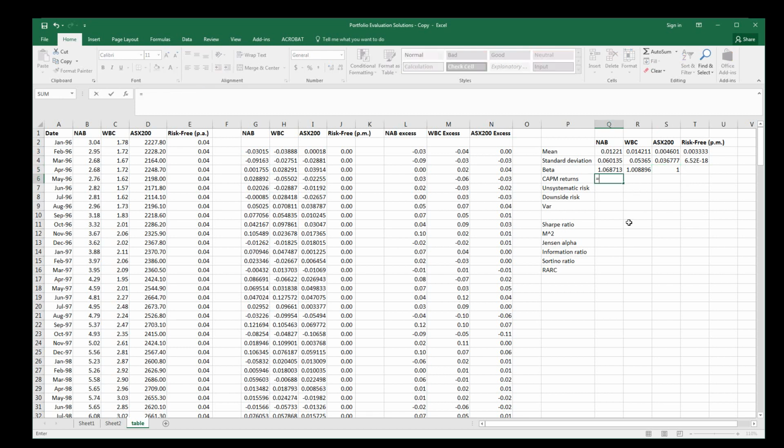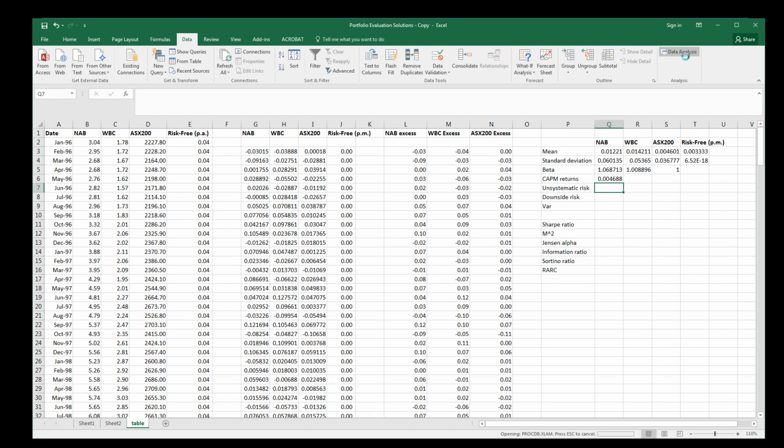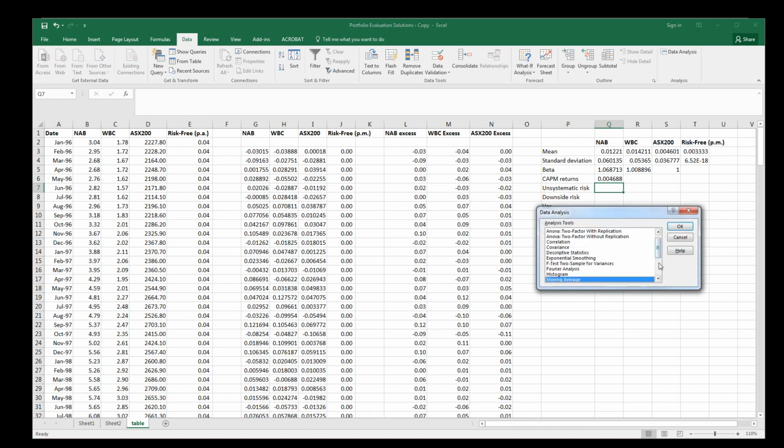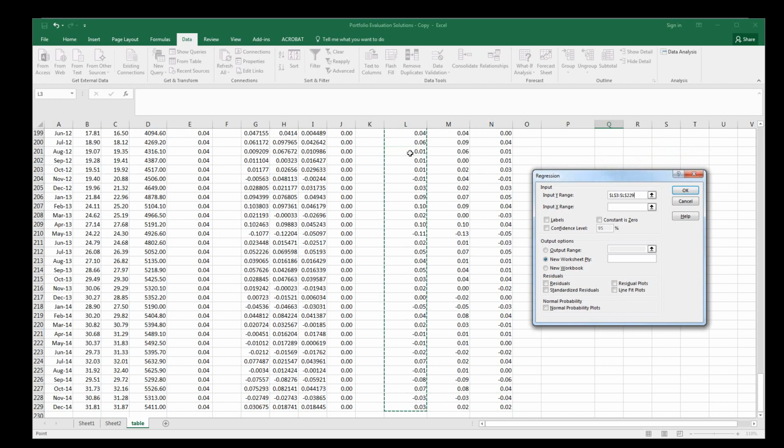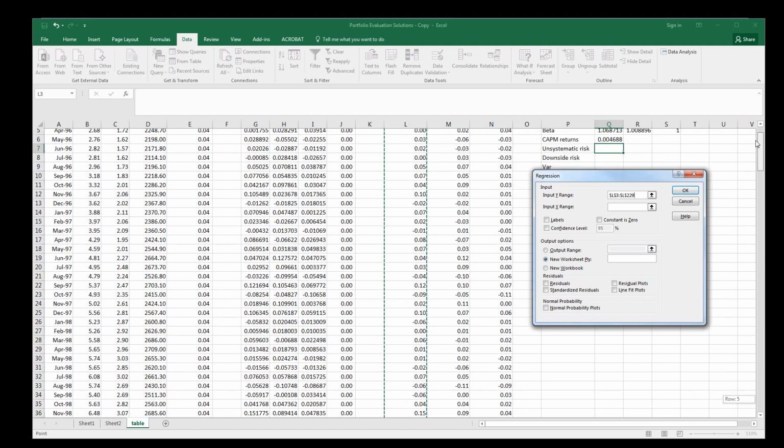Then we calculate CAPM return. That's the risk-free rate plus beta times market return minus risk-free rate. So that's the CAPM returns. And then on unsystematic risk, to do that we run a regression. So we select the Y, that's the return from the individual stock.